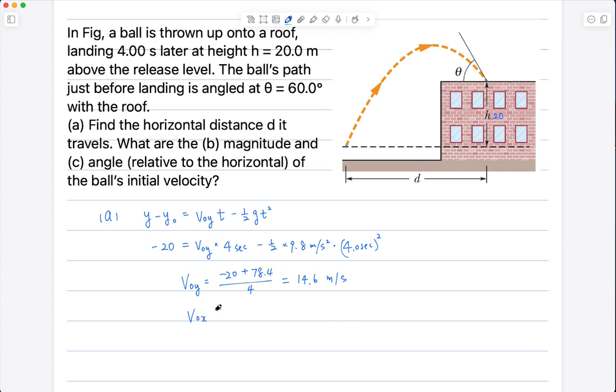We can calculate the initial velocity x component from the y component divided by tangent of 60 degrees, which they give you here.